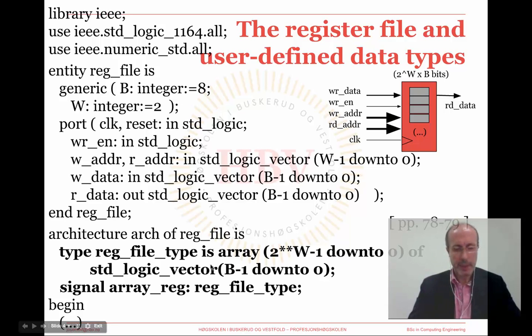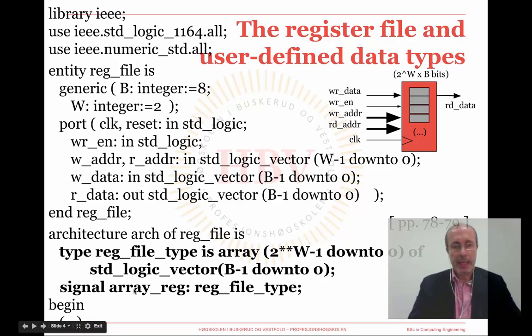Now, this user-defined data type is declared in the beginning of the architecture body, as indicated here, and the type statement is used to build a two-dimensional array of standard logic vector data types, or actually an array of arrays.